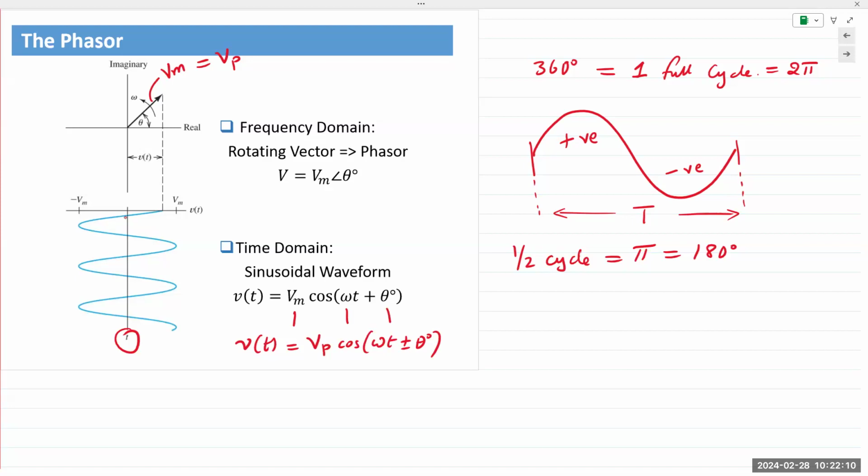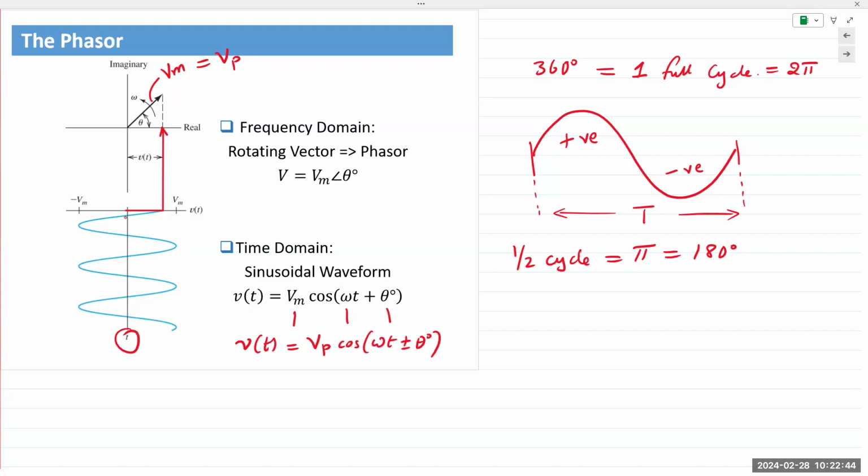All right, so what is this vector? This vector is a single snapshot. It's showing you one moment in time where the waveform crosses the x-axis, which is right here. It's the length of the vector when it crosses the x-axis.